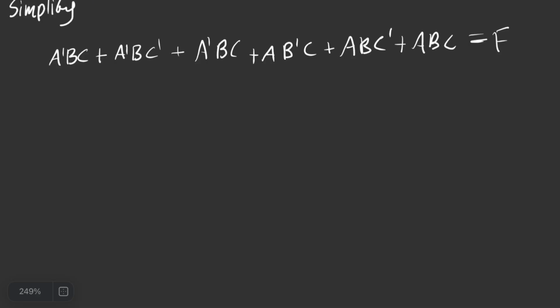What I mean by that is, see how this term has a prime? We're going to group this A prime term with a term that is non-primed, and this A prime term with a term that's not primed, and this A prime term with a term that's not primed, if that makes sense. Okay, so that's what our first term is going to look like.